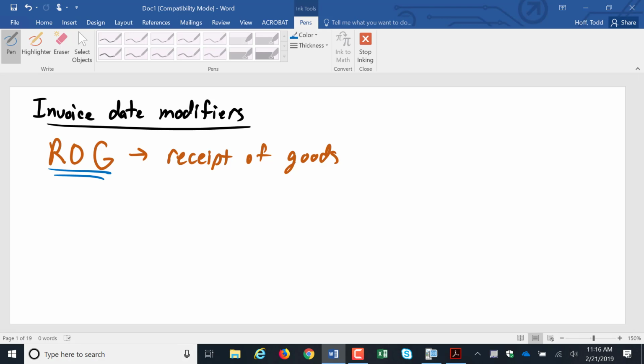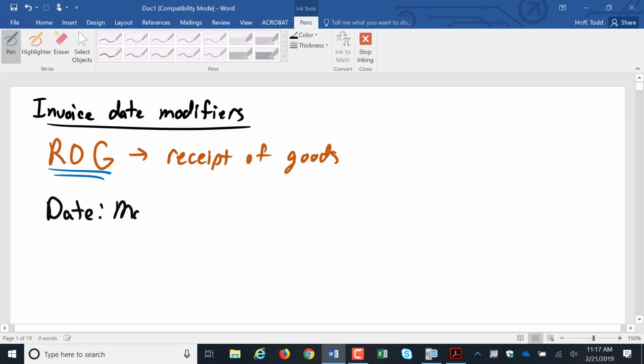So there's a return receipt through the shipper that notifies the seller when the goods are delivered. So let's do an example of that. So let's have an invoice that is dated on March 28th for an amount, let's go $740.